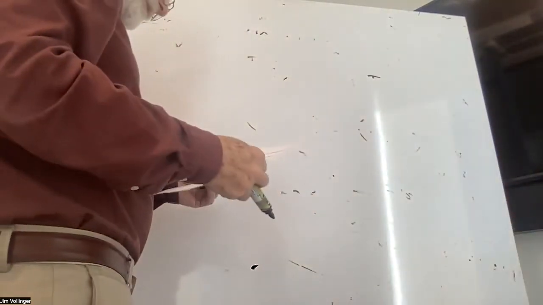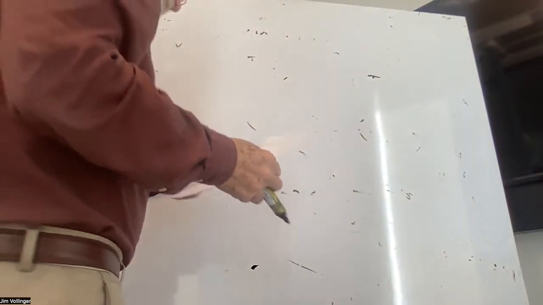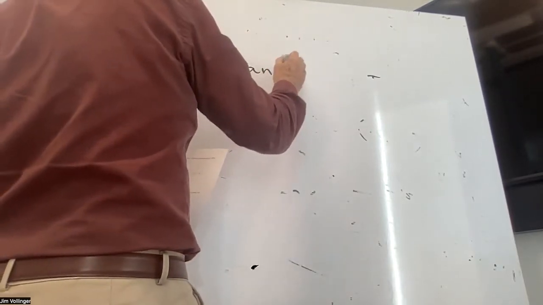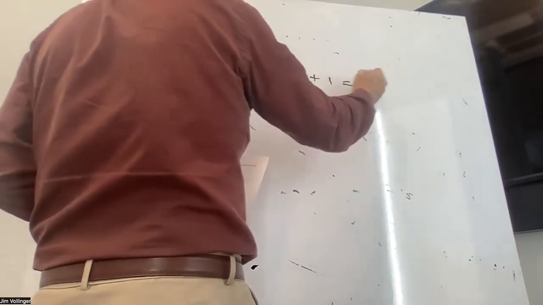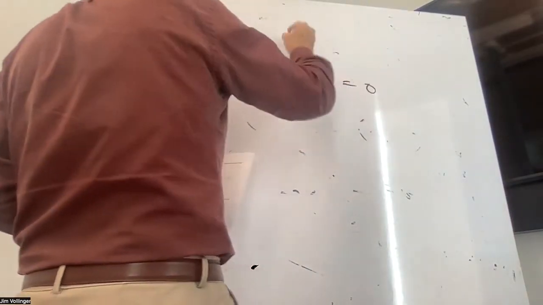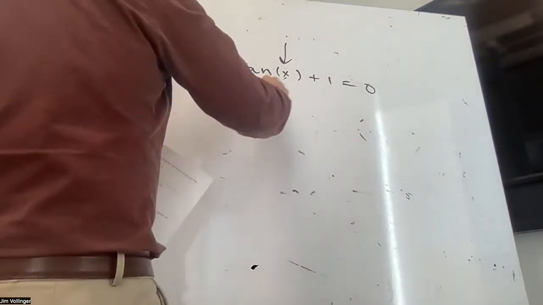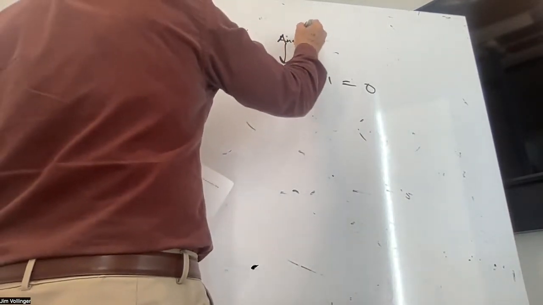Tangent x plus 1 equals 0. You're probably still at the stage where you got to know what that stands for. Okay, with this language, that stands for an angle.